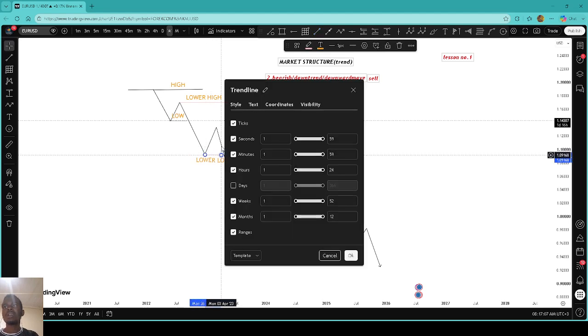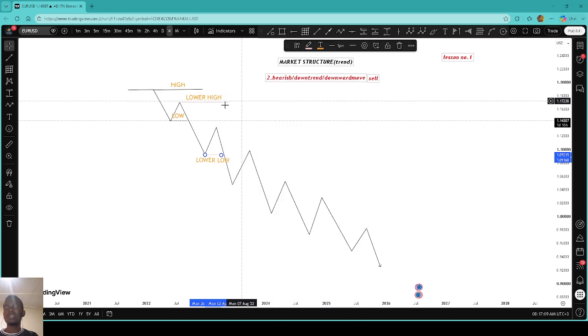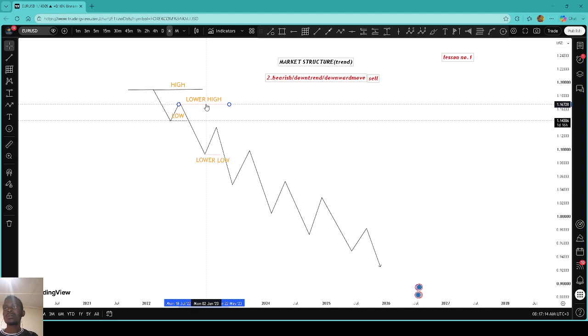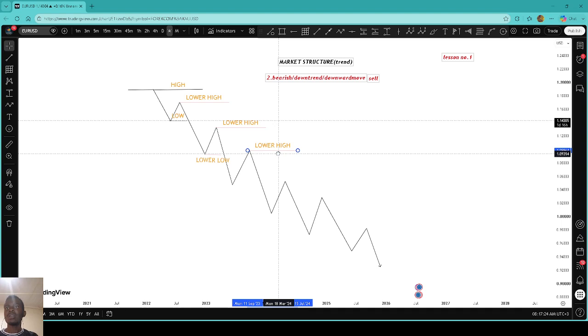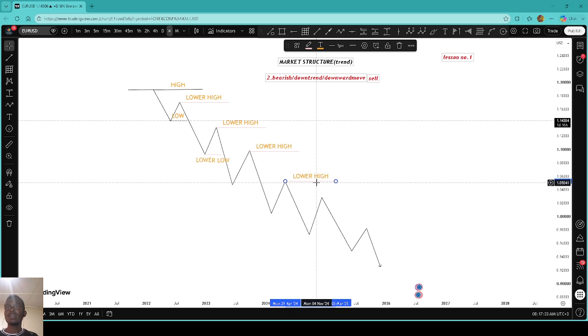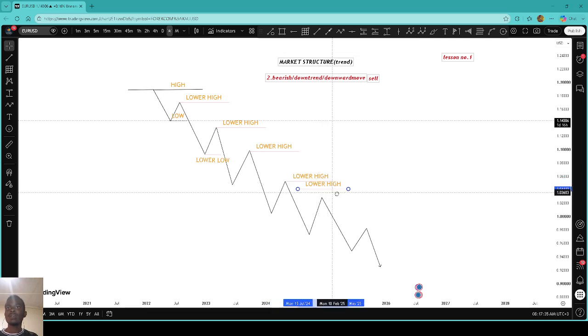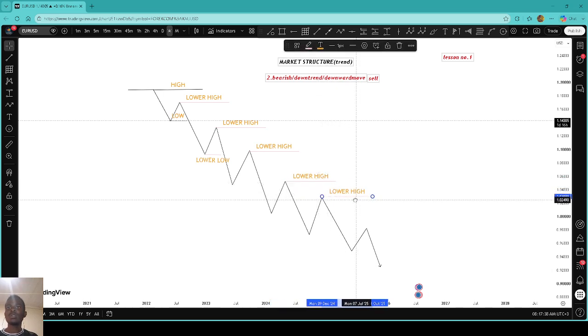So price continues in this manner towards the downside. Comes here, creates a lower high. Here again, creates another lower high. Another lower high. So it goes creating lower highs and lower lows.